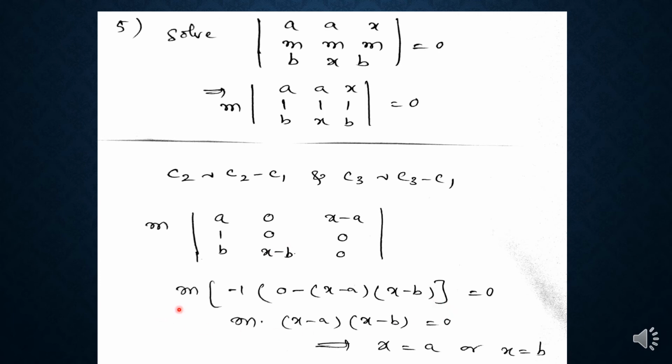So this becomes m into minus 1 into minus, that becomes plus 1, x minus a into x minus b is equal to 0. Here either m is equal to 0 or x minus a is equal to 0 or x minus b is equal to 0. Here m is not equal to 0, that is a constant. So either x is equal to a or x is equal to b. So these are the values of x.